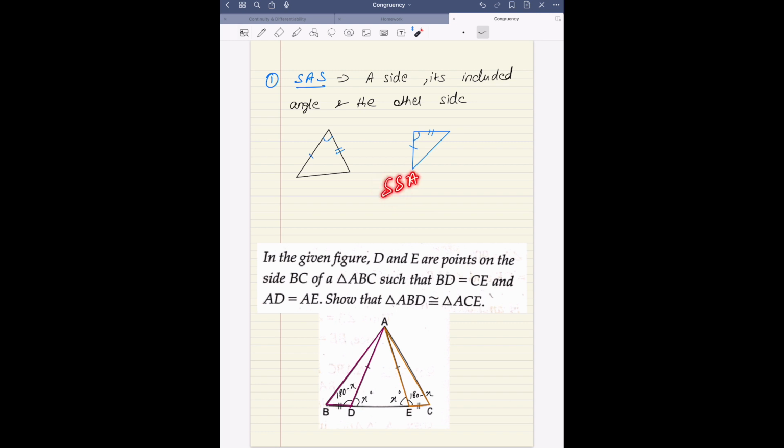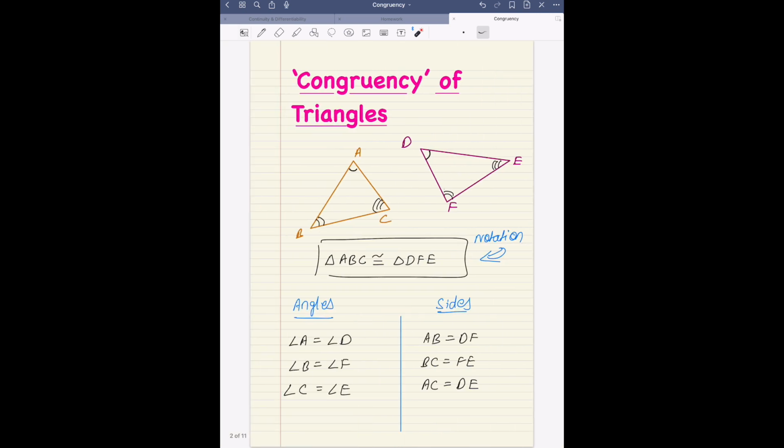Okay, there is no SSA. It's only SAS. So they are just five. Don't create any more criteria from your side. You will have to limit your thinking to these five criteria and then do your congruency question. As I said, it's very easy. The first page is all about if two triangles are congruent, what is CPCT and how can you use it.